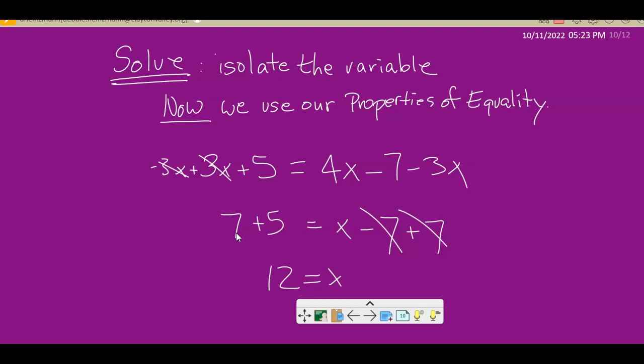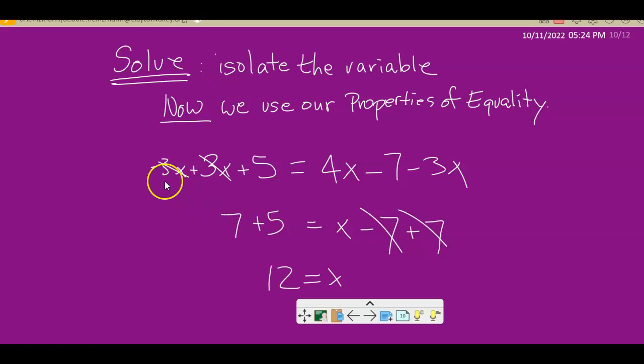So the way solving an equation works is you do a little algebra and then you pause and collect like terms. You do a little bit more algebra and then you pause and collect like terms.